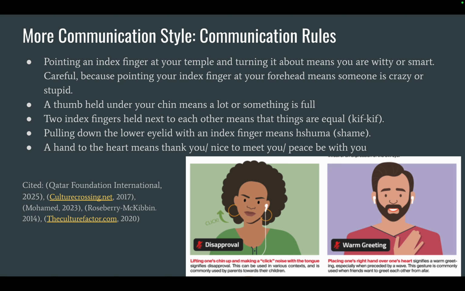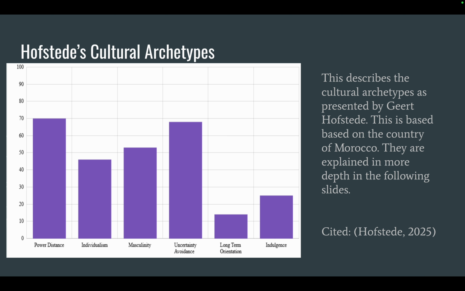These nonverbal communications were introduced as part of Qatar's International Foundation to show tourists or friends coming in the differences in communication and how to not be rude or disrespectful. On our next slide, the following chart is based off Hofstede's work on cultural archetypes.